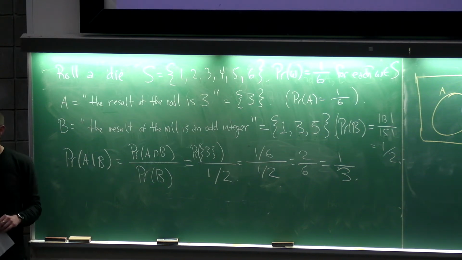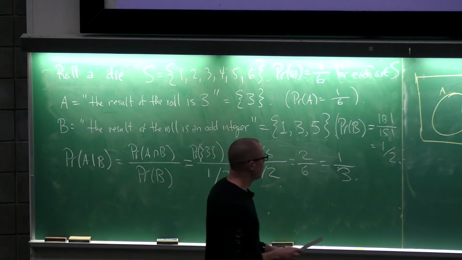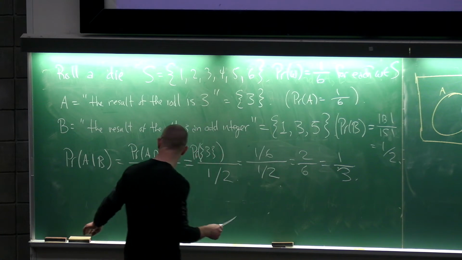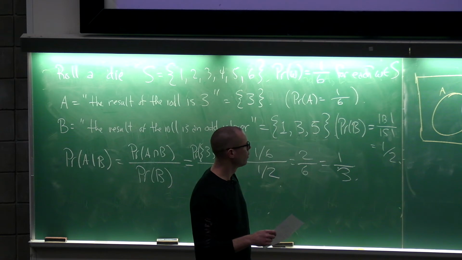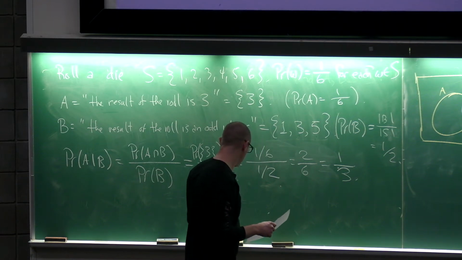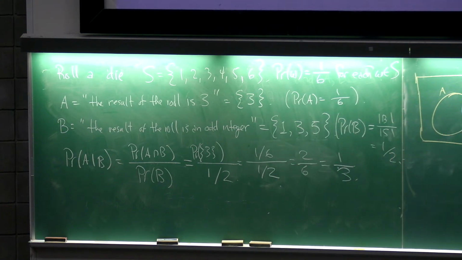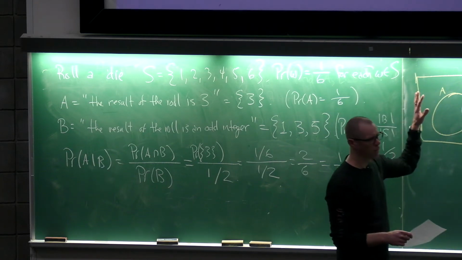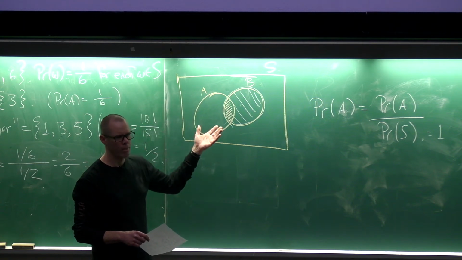Yeah? Yep. Can you maybe reinterpret conditional probability, like instead of saying the probability of A and B is within the space S, can you consider if the set B was its own space and expand that? That's basically what you're doing. Another way to think of it is, I'll do the experiment S, but if it gives me something that's not in B, I'll throw it out and do the experiment again.